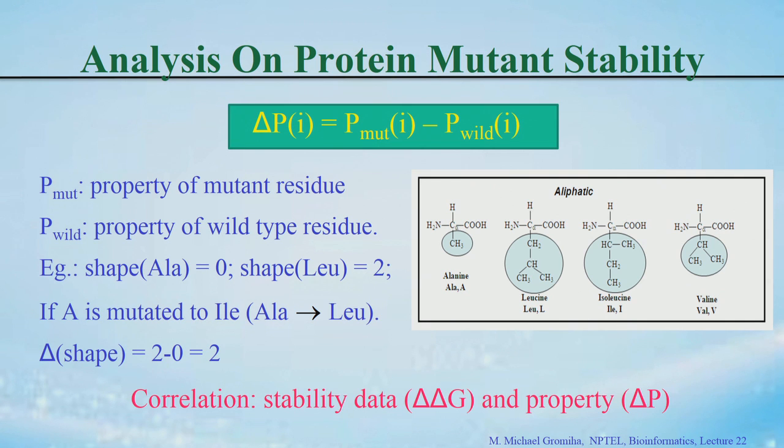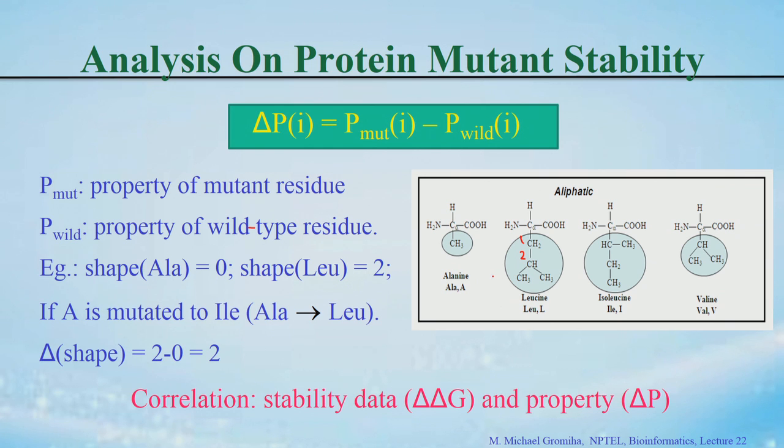For example, P. In this case you can take the difference in properties, delta P of I, which is given as P mutant of I minus P wild of I. So, for example, P mutant is the property of the mutant residue and P wild is the property of the wild type residue. For example, you take the shape, shape tells you the branching. For example, alanine there is no branch. If you take the leucine, CH2 and then CH, you get the loop, the branch.